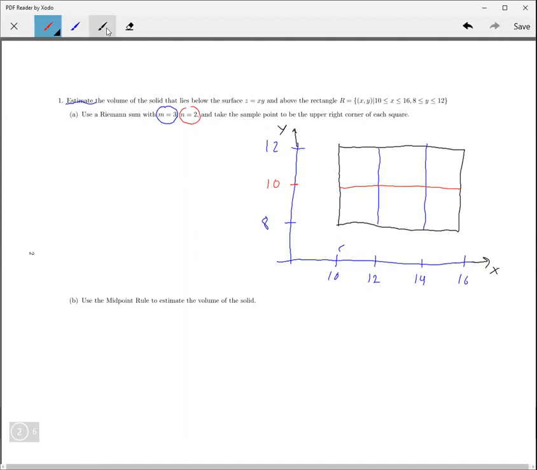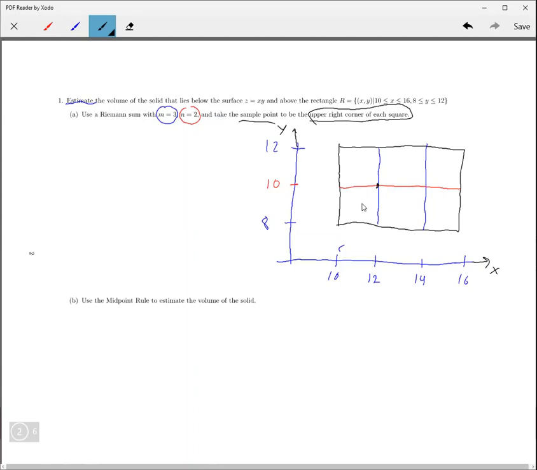Okay, and now it says here, take the sample point to be the upper right corner of each square. Okay, so for this rectangle here, we're going to use this point there.